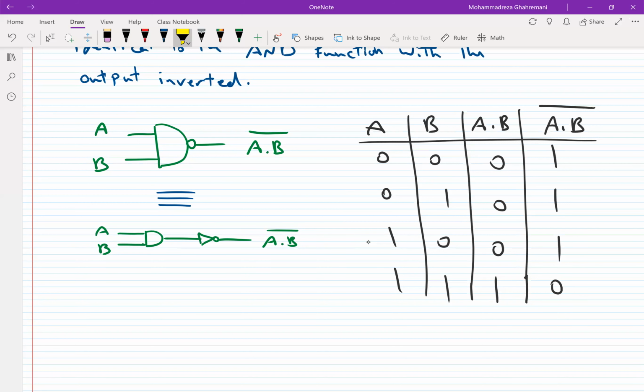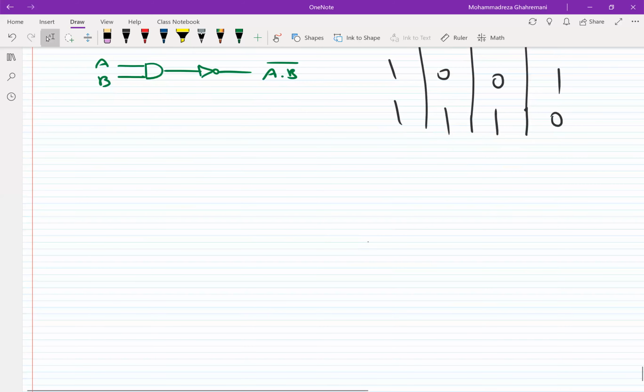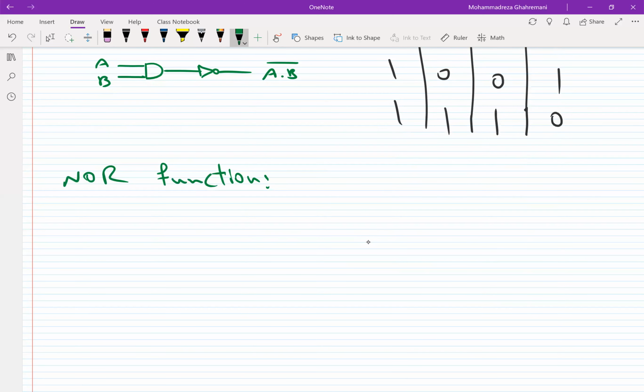The next gate is NOR function. We show this function in this way: f of a and b is a plus b bar. And exactly, it's identical to an OR function with the output inverted.